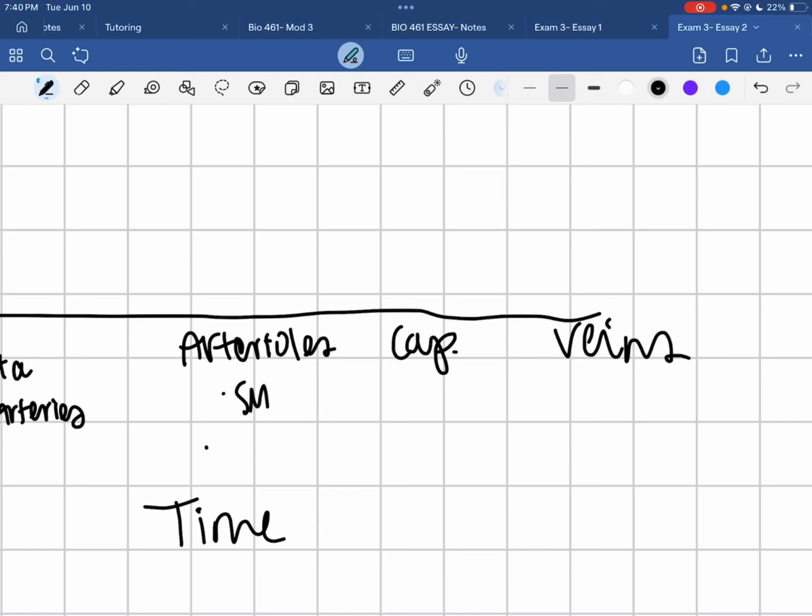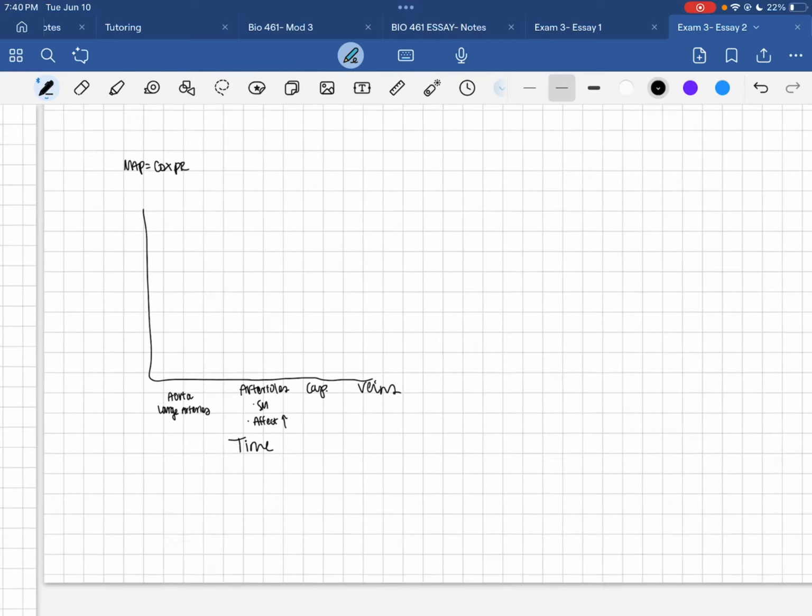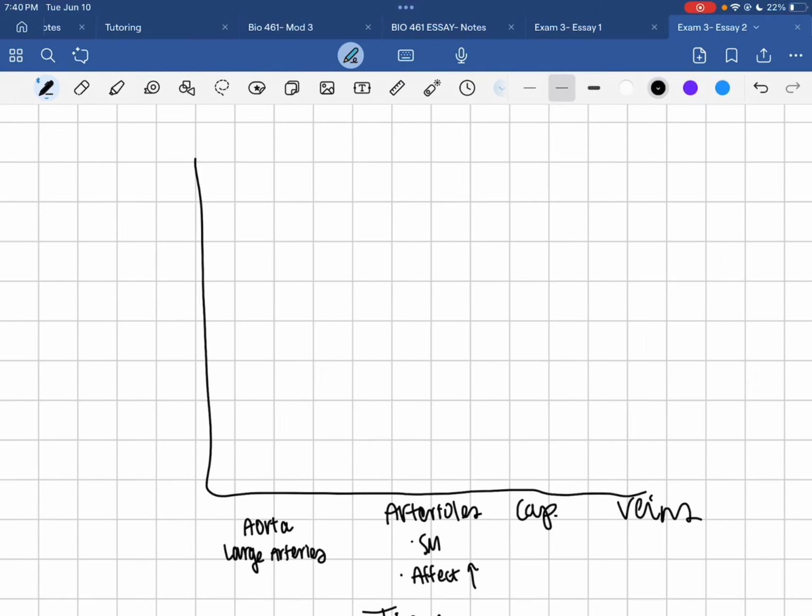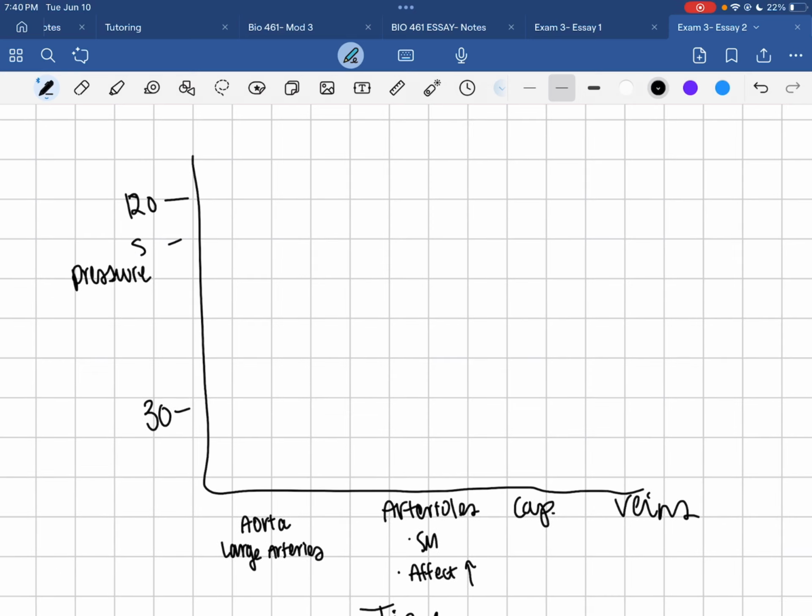And then capillaries, and then we have our veins. So smooth muscle, and then we have our pressure here. Okay, let's say 30.